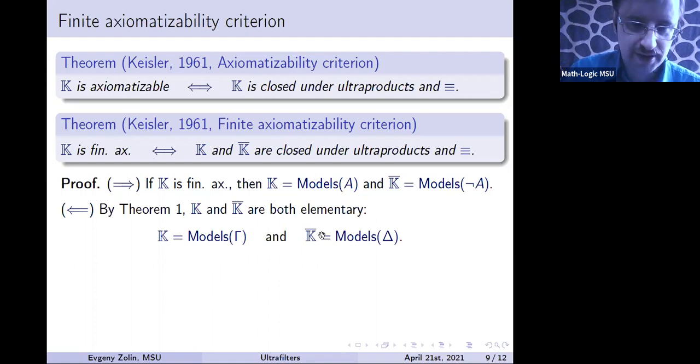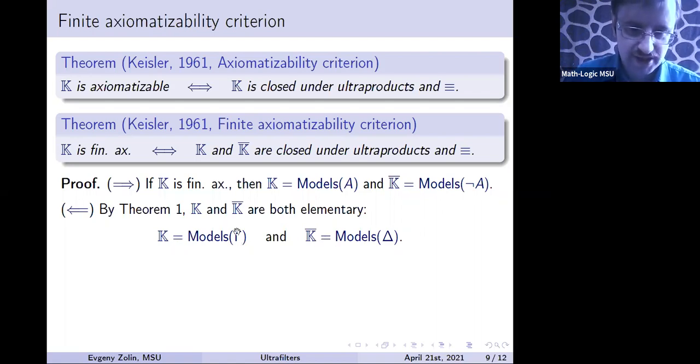Okay. The converse. Assume that both classes satisfy the conditions of the previous theorem, so they are both axiomatizable by some possibly infinite sets of formulas. Here we have gamma, here we have delta. So we have two classes axiomatizable by some sets of formulas, but they are complements of each other.